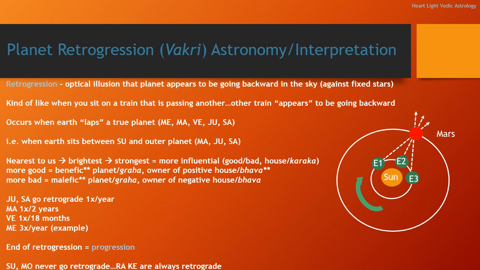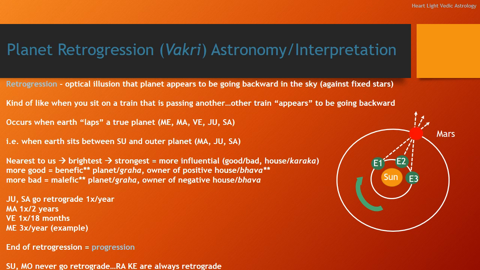So you can see that since Mars on its own is a malefic planet, if Mars, for example, owns houses that are considered positive, we might be looking more at an increase in courage. If the houses that Mars owns are negative, we might be considering more like enemies, that sort of thing. Okay.